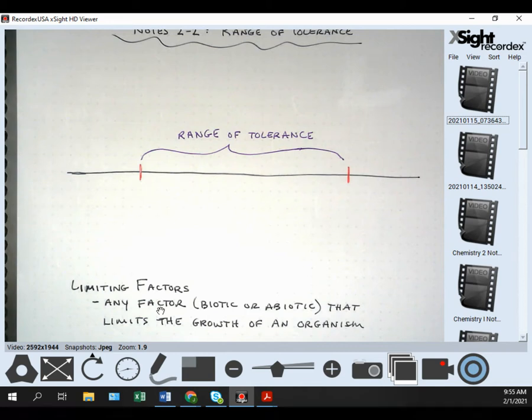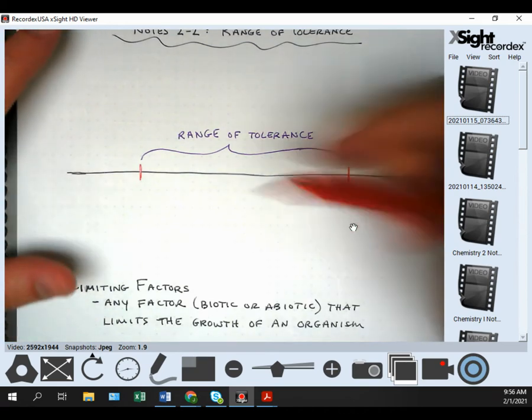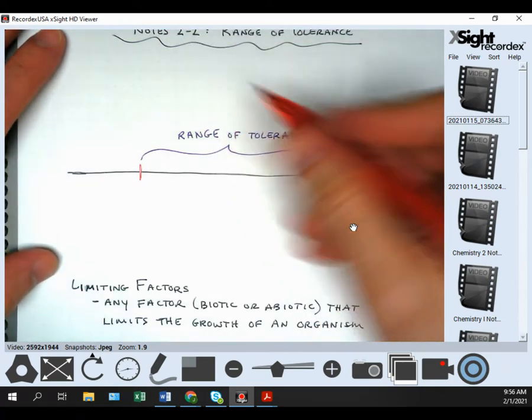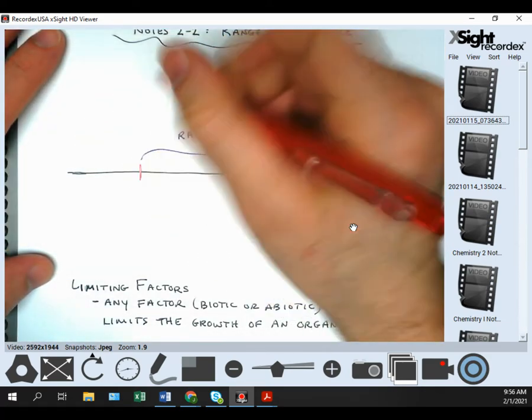If it's temperature, the amount of water, the amount of living space, whatever the limiting factor you're talking about, it has a range of tolerance that it can handle, from the low end to the high end. Now, these little red lines here would be the limits of tolerance.